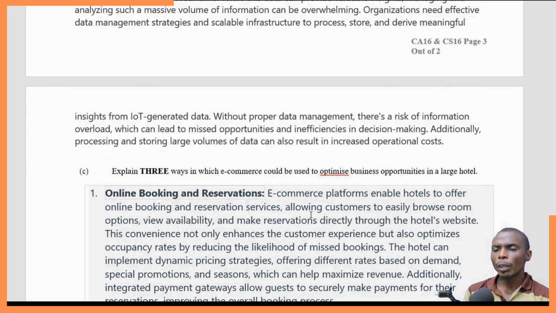So the information overload is where the vast information that is obtained from these IoT systems is not properly processed, and therefore does not end up being used appropriately for the effectiveness of decision making. So these processes can sometimes be implemented, but the output is not achieved.